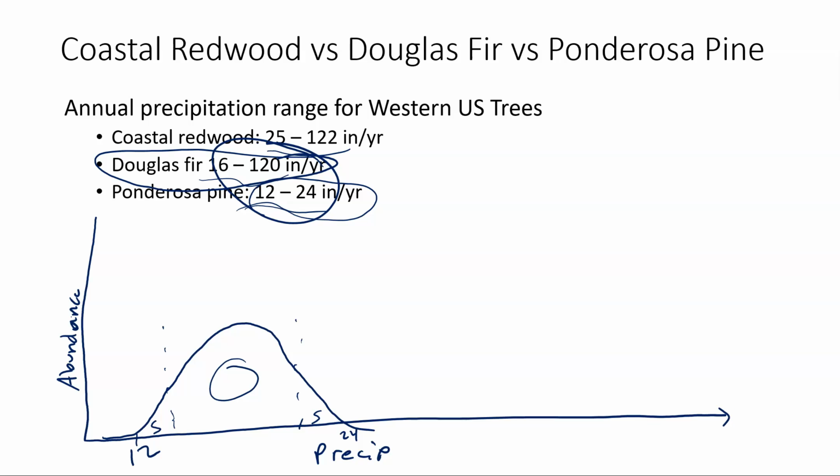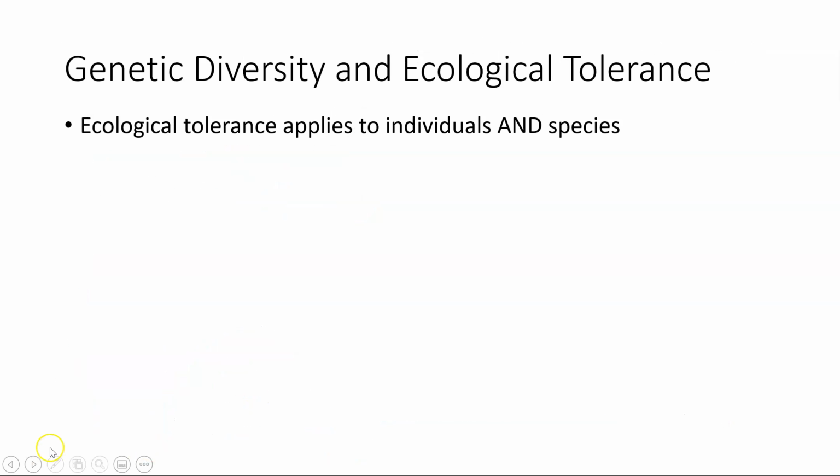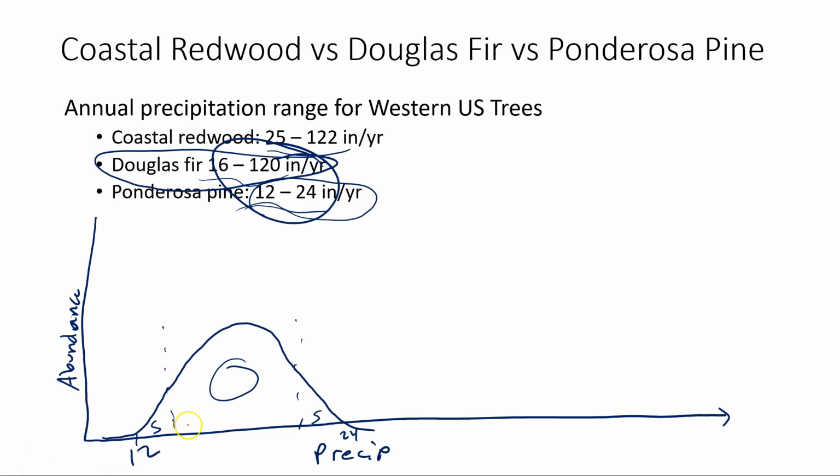So the low end of our Doug fir curve, I'm going to go a different color here just to help illustrate this if I can. So if we put there kind of our 16 point right here, right, all the way up to 120 inches, we're going to get this kind of broad range.